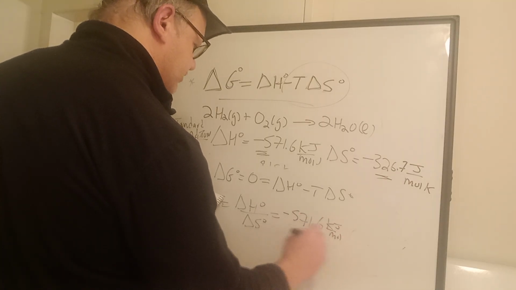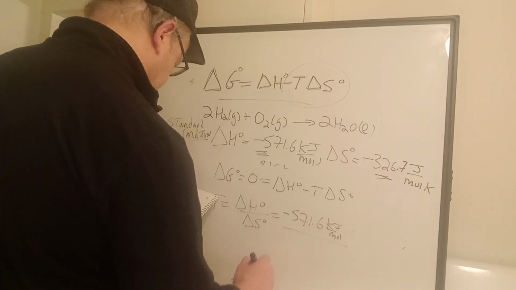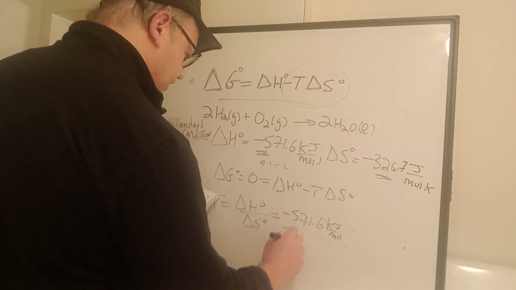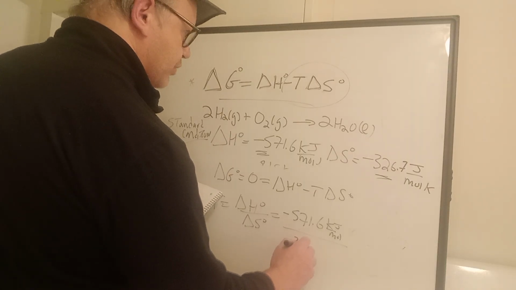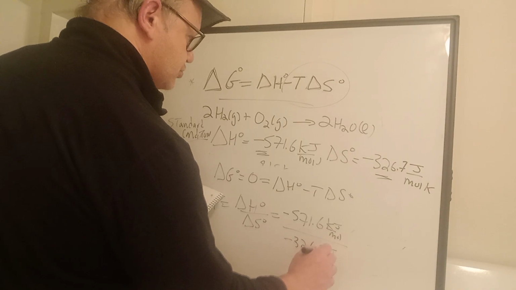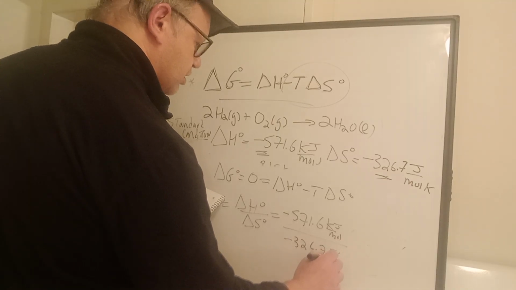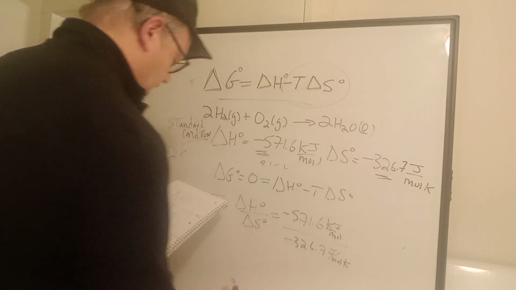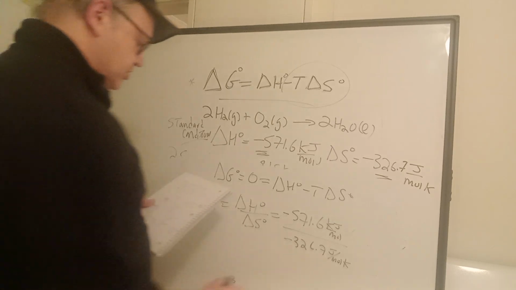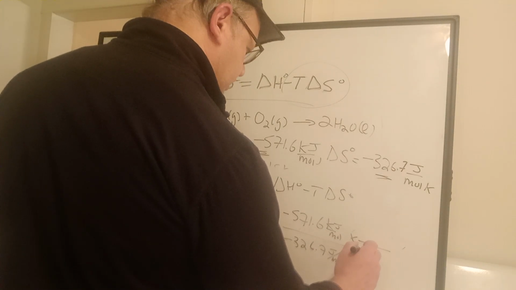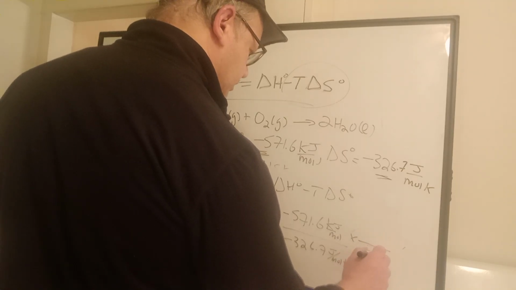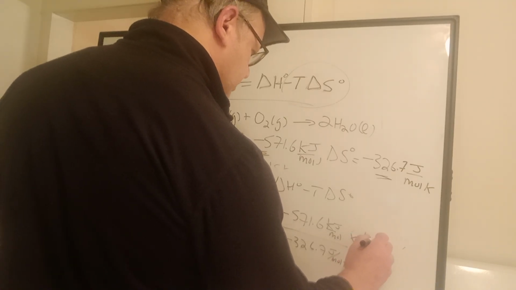We have to change one or the other. It doesn't make a difference which one we change. Negative 3, the negative and negative is going to give us positive 26.7 joules per mole Kelvin. I converted the kilojoules to joules to have common units. Doesn't make a difference, as long as I remember 1 kilojoule is 1,000 joules.